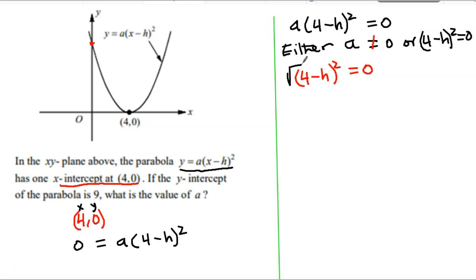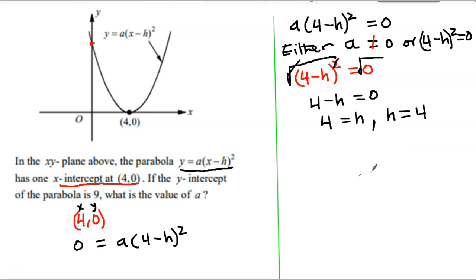We take a square root to get rid of the square, and we get 4 minus h equals the square root of 0, which is 0. Now we take h to the side, so 4 equals h, or h equals 4. So now we have found the value of h.